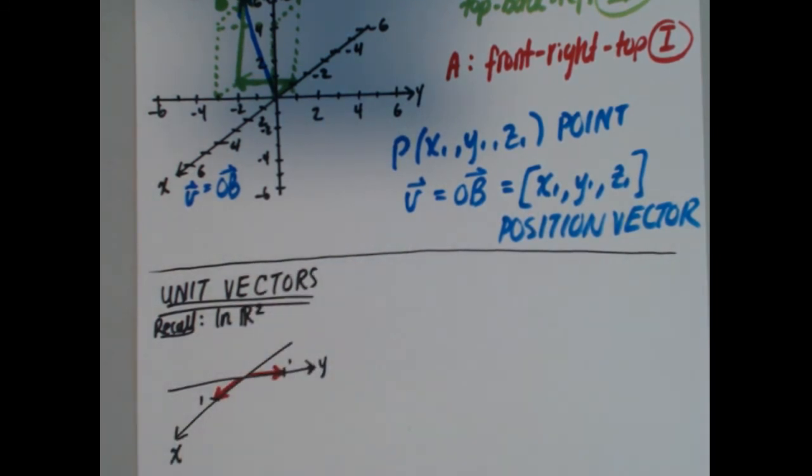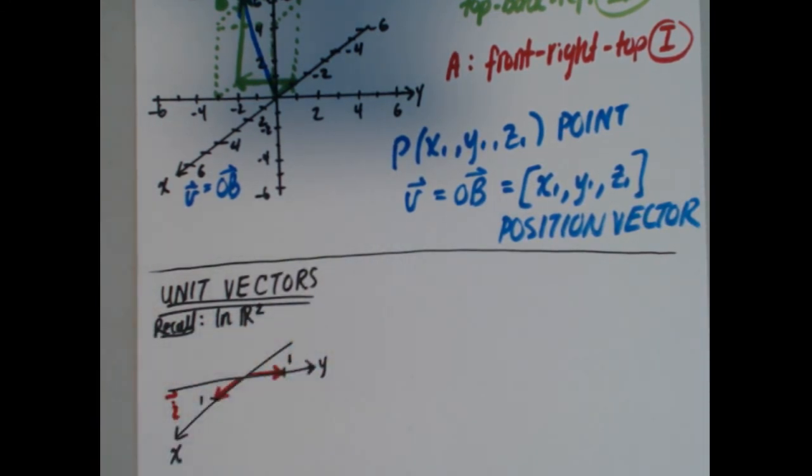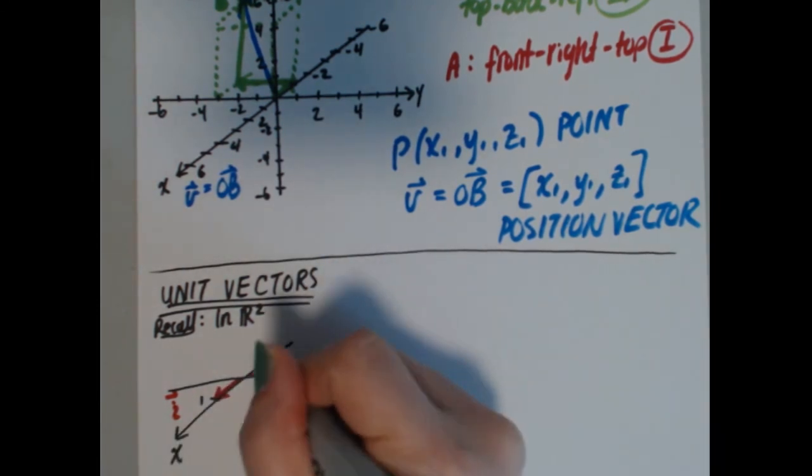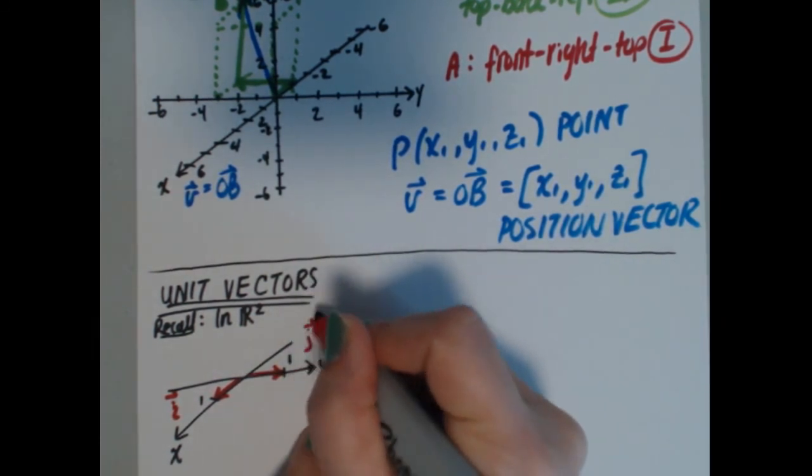If a vector has length 1 and it's along the x-axis, we call that i. In the previous video, you would have seen me use the symbol hat, and usually we call this i hat, but like I keep saying, in this book they don't use that symbol. So just know in the future that they are the same. And the unit vector, the vector with length 1 in the y direction, is called j.